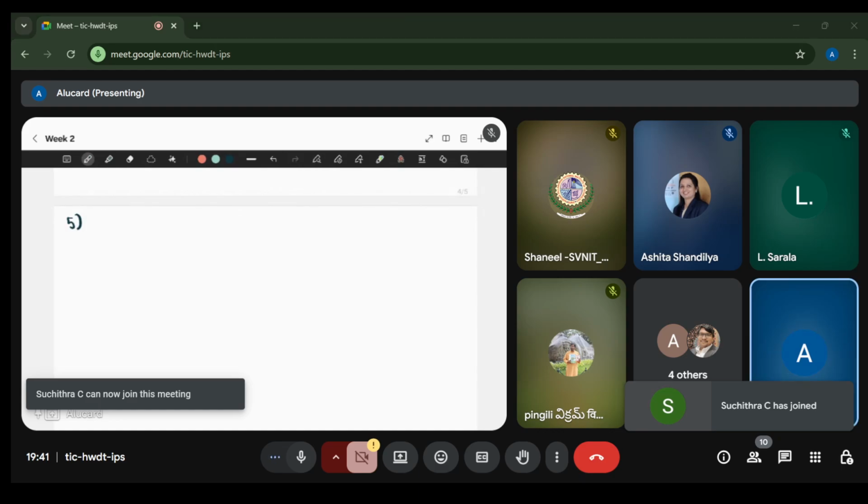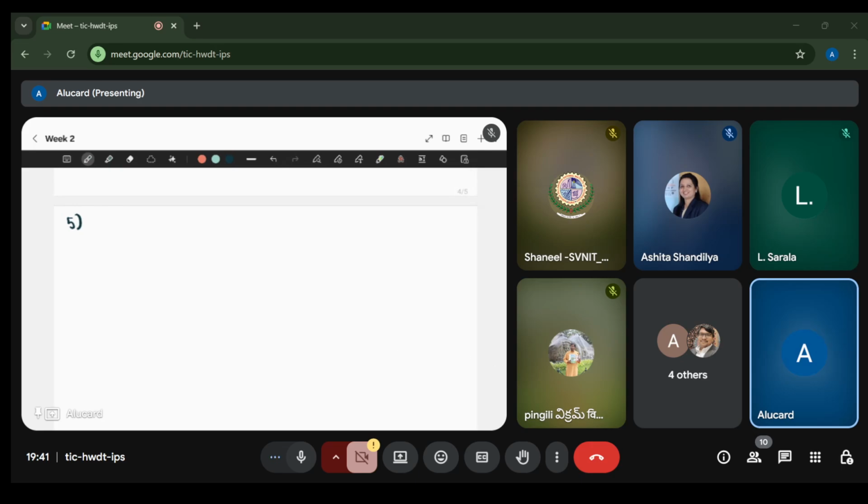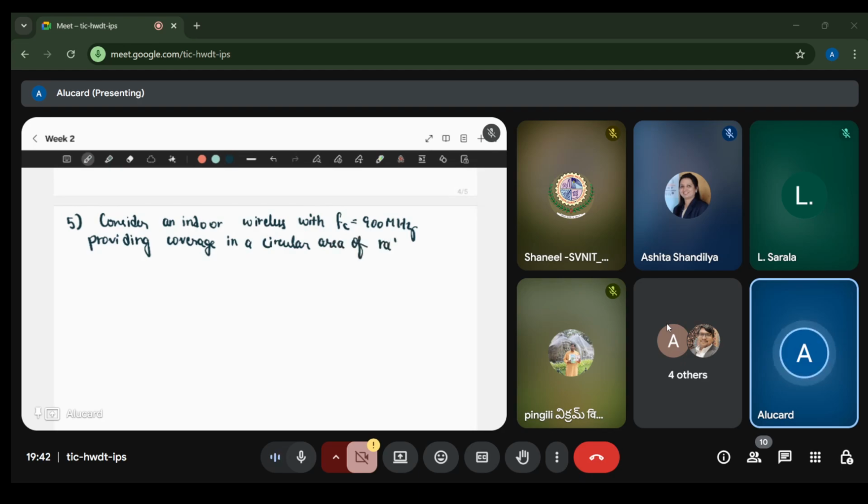We'll go to question 5. Consider an indoor wireless LAN with Fc equals 900 megahertz, providing coverage in a circular area of radius 15 meters using omnidirectional antennas.